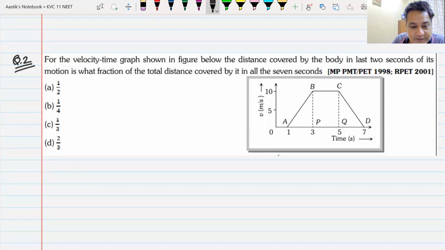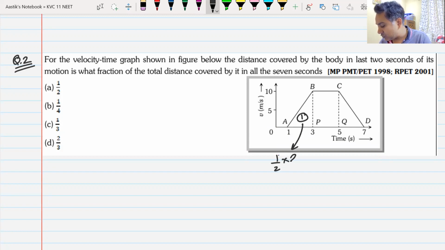And how are we supposed to do this? Let us find the area of all the things. Number 1, half into base is 2, height is 10. So this becomes 10. Let us find out the area of this part. Length is 2, height is 10, 2 into 10, 20.